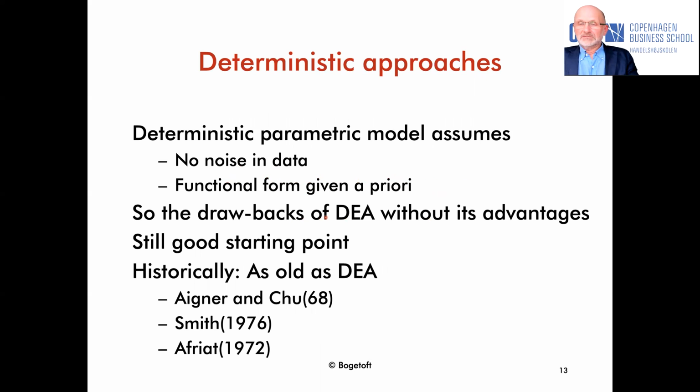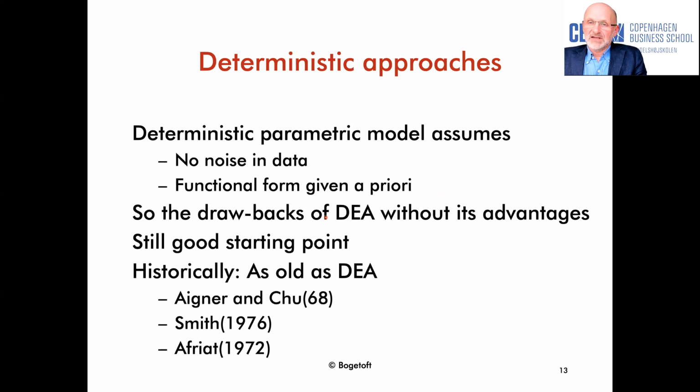Deterministic frontiers. Basically it's a parametric model, but it assumes no noise in the data. It means that we have decided on the functional form, linear, log linear, quadratic, something like that, but we don't allow for noise in the data.